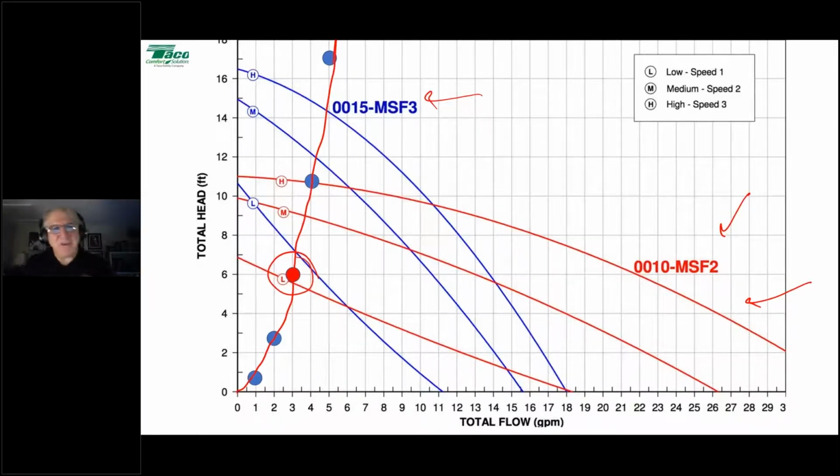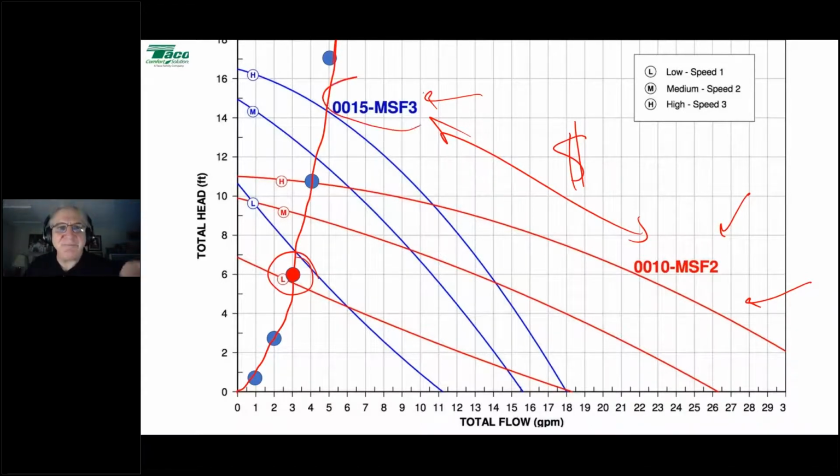More likely, simply because of the price difference and availability between the two, you'll probably go with the 0015. That's going to be a likely scenario. At that point, I'd be operating at about 7 feet of head and a few extra gallons per minute.